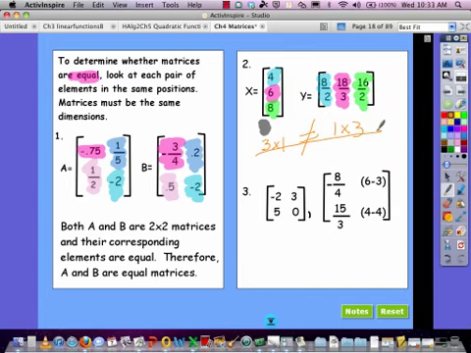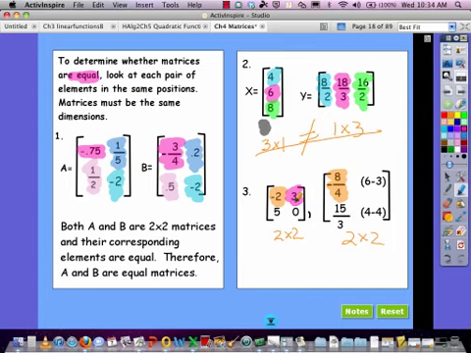Size first this time, because if that's the easier item, we have a 2 by 2 here. Over here, look at it, we have another 2 by 2. So we can't say they're equal just because their dimensions are the same. So now we'll start comparing their elements. So first row, first column with first row, first column. Looks good.